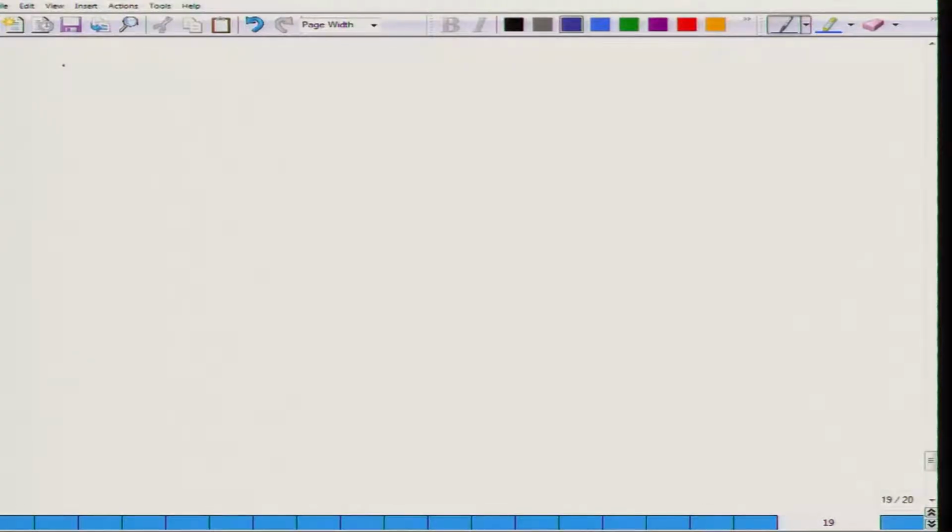Today is the last day of the second week of this course, and what we plan to do today is continue the discussion on Bode plots. Specifically, we will start by developing a Bode plot for magnitude for a simple zero.